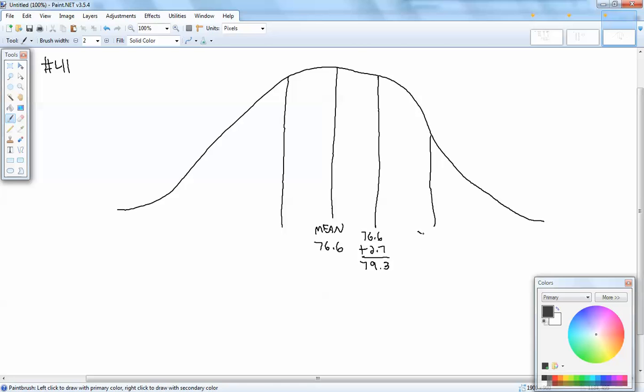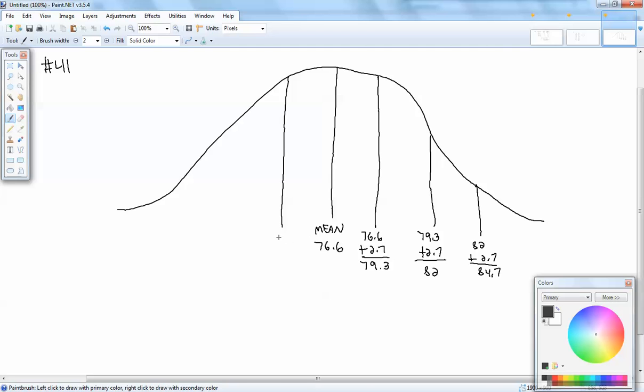Now here we're going to add another standard deviation. So we're going to take our value here and we'll add 2.7. And that's 82, I believe. And then we'll add one more standard deviation. So I take this value here and you add another 2.7. So that gives us 84.7.